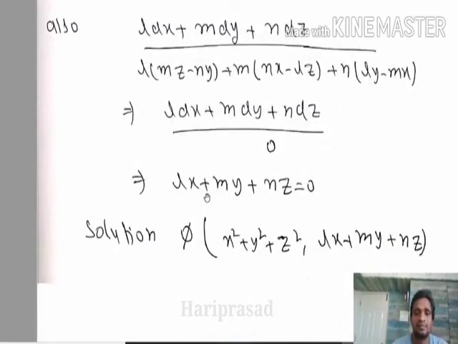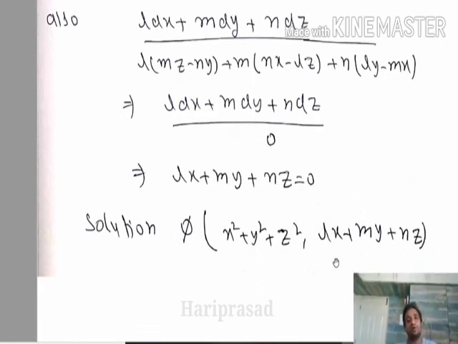So if you integrate this one, l dx means lx, m dy means my, n dz means nz, equal to 0 or some constant here. The solution phi will be x square plus y square plus z square, comma, lx plus my plus nz. Okay, that's all for today. Tomorrow we'll solve some more exercise problems. Okay, thank you.